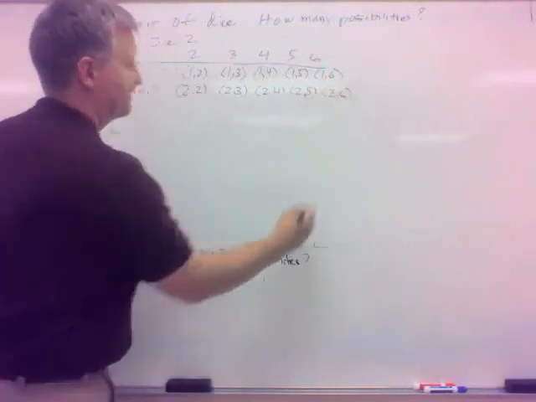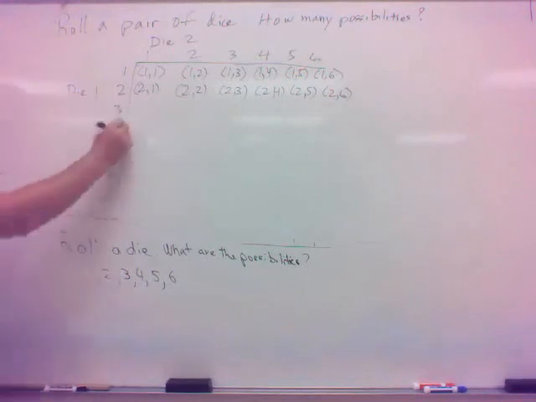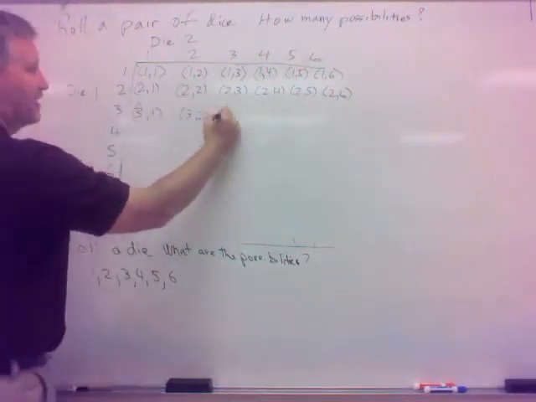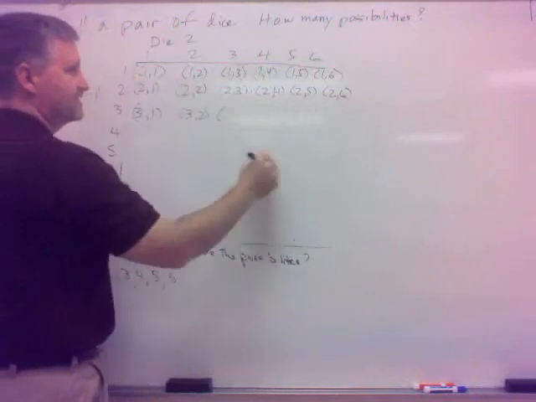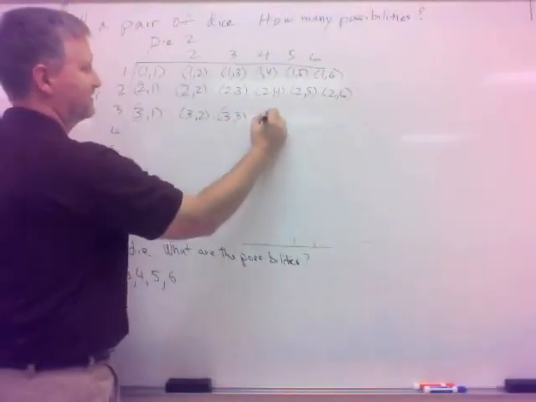etc., etc. We could do that all through there. With me? Is this okay? So how many we got? Well, we got 6 lines, and each one's got 6 in it. That's 36, isn't it?